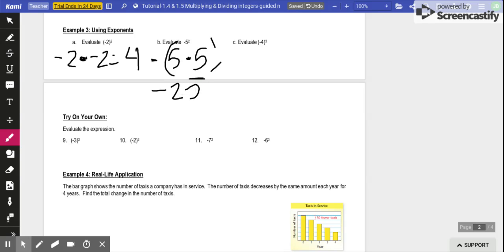For C, here we are going to be taking it to the third power, so 3 times. We are going to take the entire thing inside the parentheses, so negative 4 times negative 4 times negative 4. Negative 4 times negative 4, a negative times a negative is a positive, so we would get 16 times a negative 4.